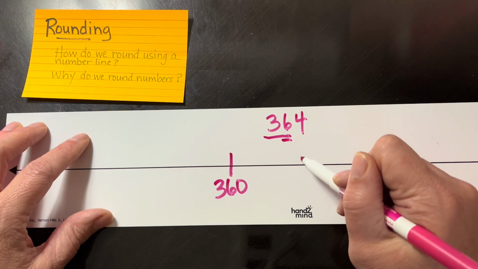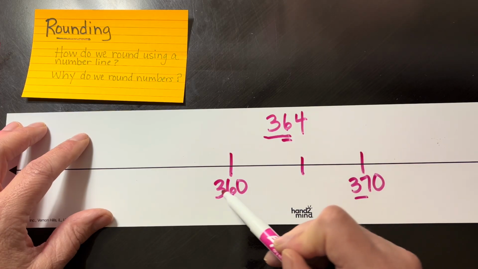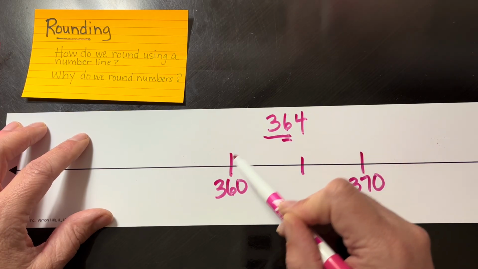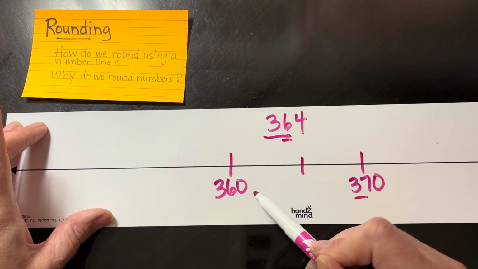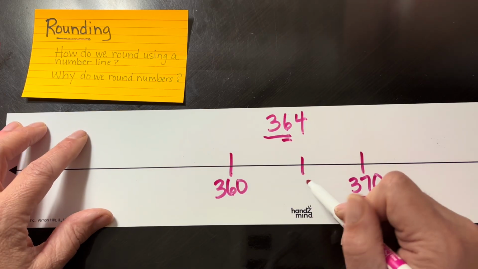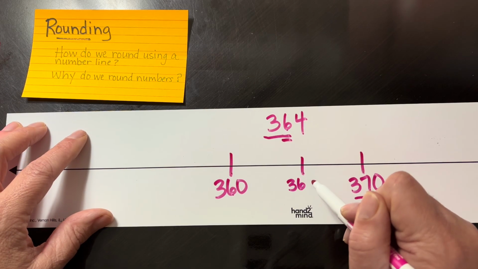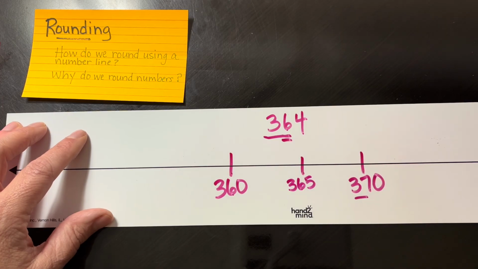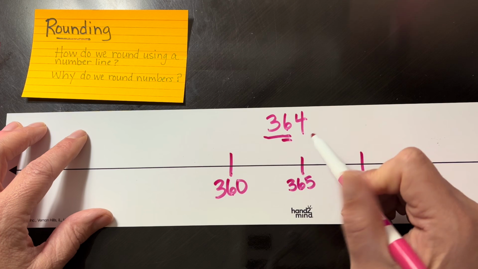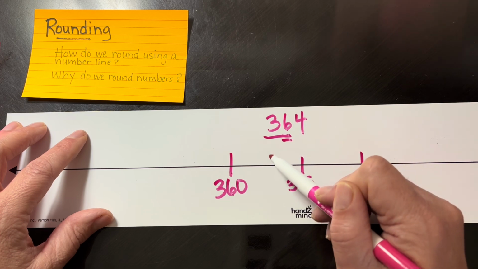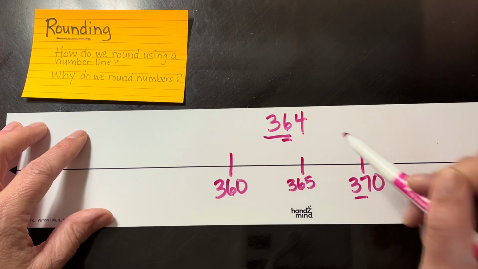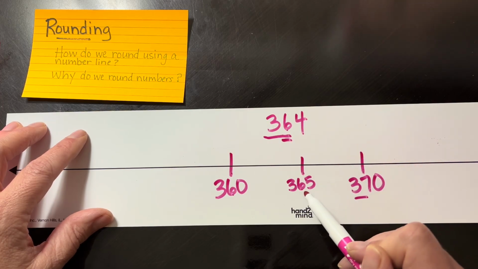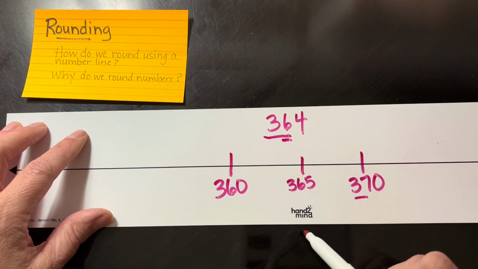We need our midpoint. So if this leap is 10, halfway would be a leap of 5. So what is 5 more than 360? 365 is our midpoint. And now we ask the question, is 364 to the left of our benchmark number, or less than, or is it to the right of our benchmark number, making it greater than?